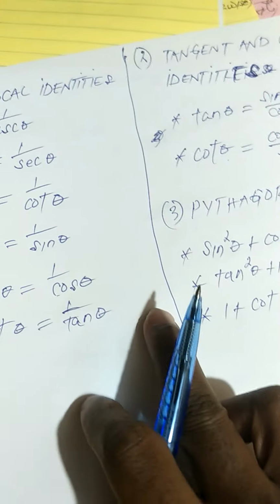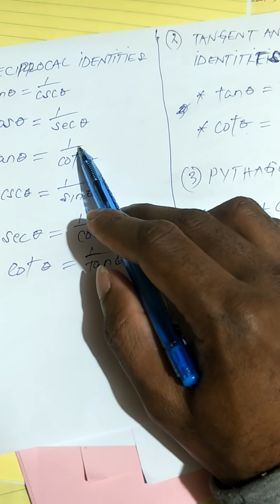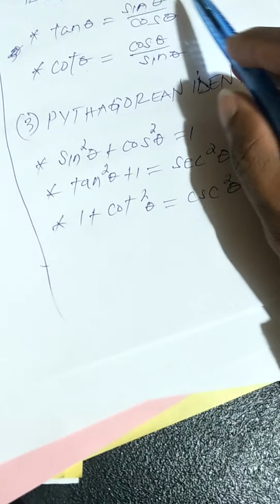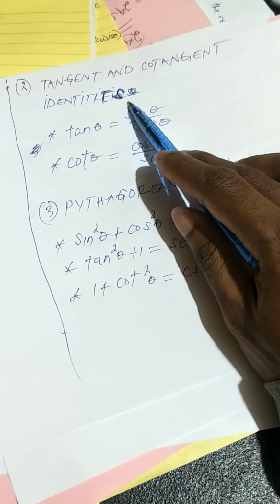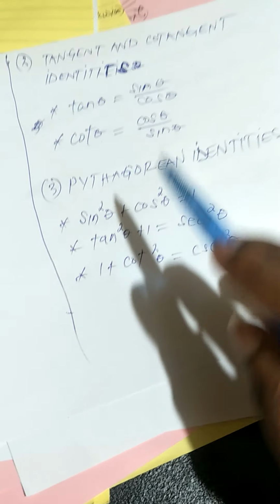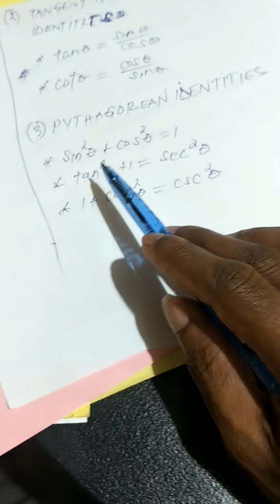Okay, another thing. Now I'm going to apply the identities or relationship of this one. So what is the relationship of cosine theta? Now I refer back to my identities. Once again, am I going to apply reciprocal identities? No. Am I going to apply tangent and cotangent identities? No. Am I going to apply Pythagorean identities?